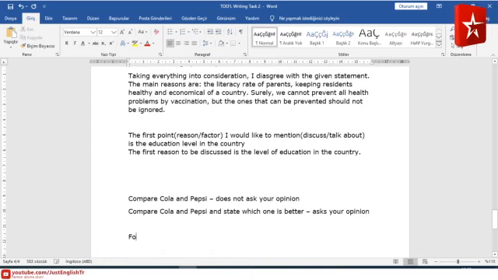So for comparison essays, you do not include your opinion in the introduction paragraph.